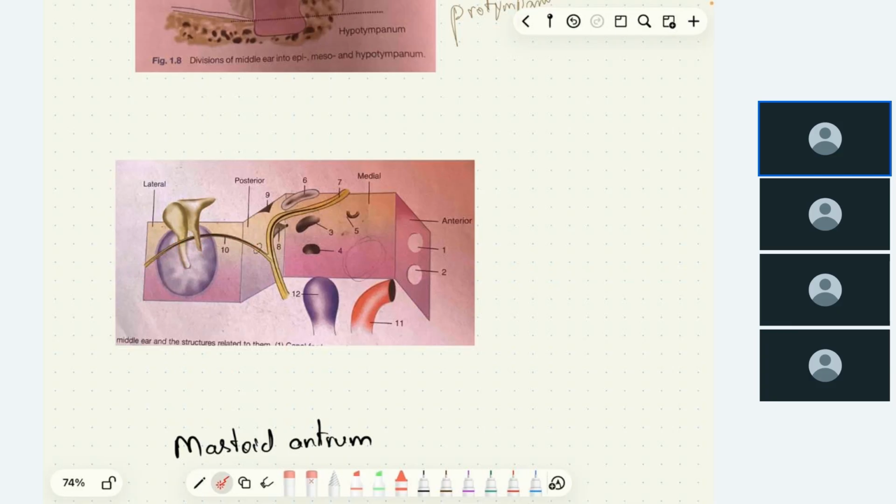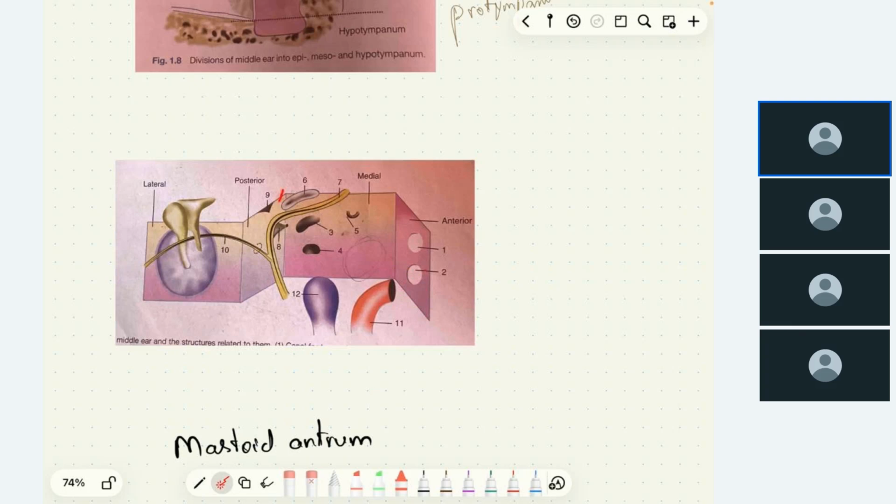Now we discussed the anterior wall, posterior wall, and lateral wall. In the anterior wall, we have the opening for the tensor tympani tendon and the opening for the eustachian tube, and also the thin bone separating it from the internal carotid artery.